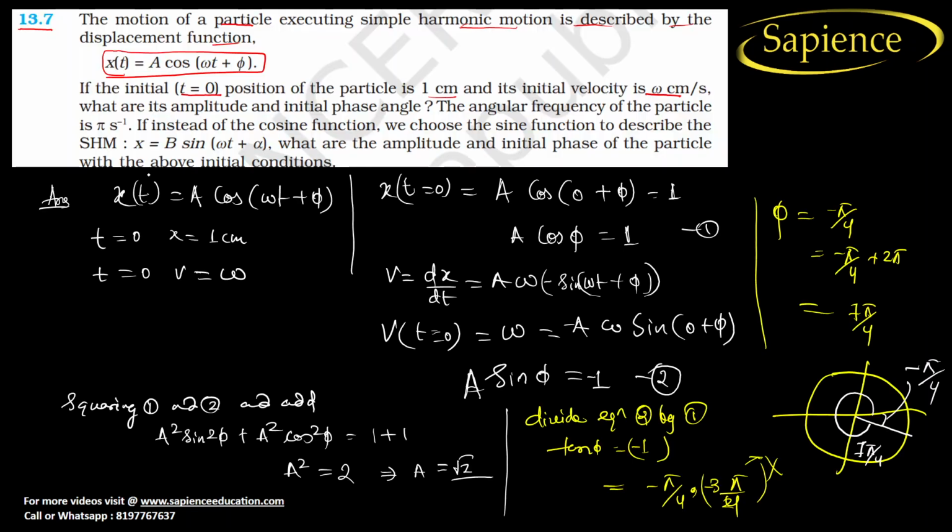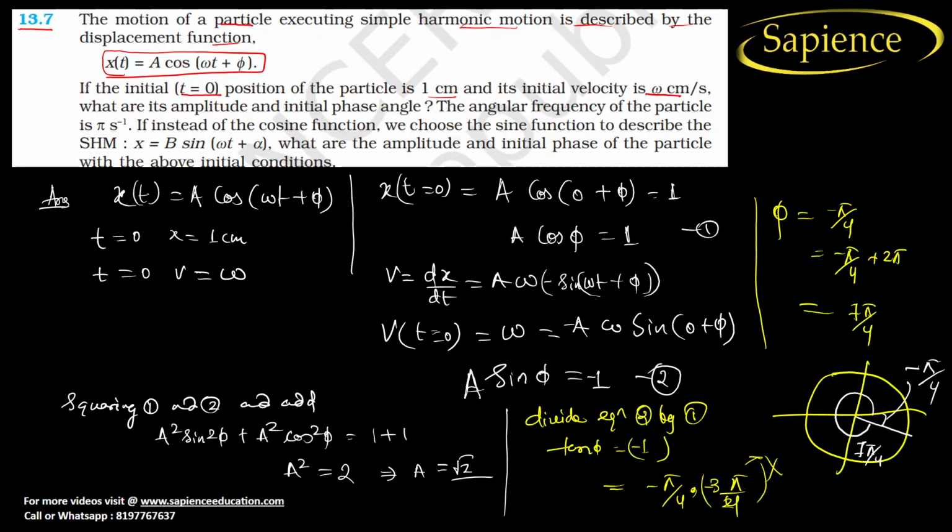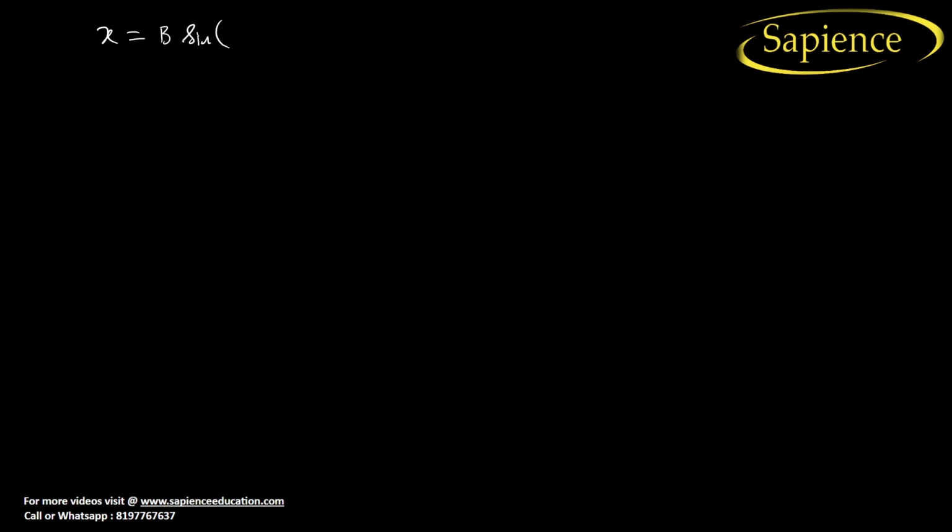Now the same question asks: if instead of a cosine function we choose a sine function to describe the S.H.M., what are the amplitude and initial phase of the particle with the above condition? So let us consider x is equal to B sine(omega t plus alpha).